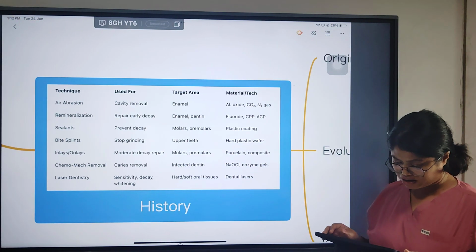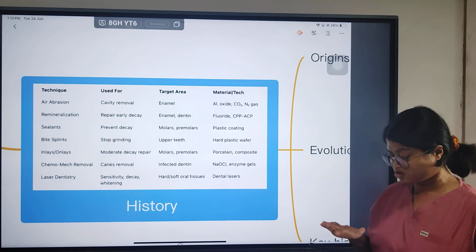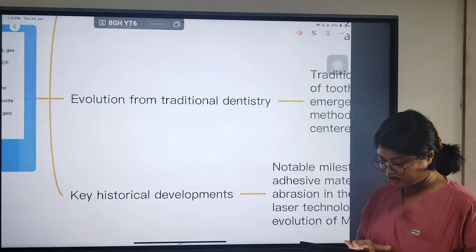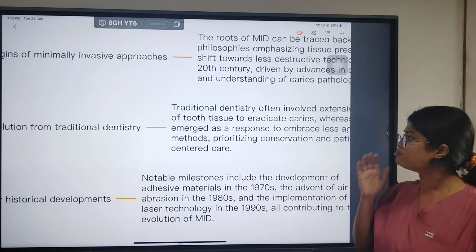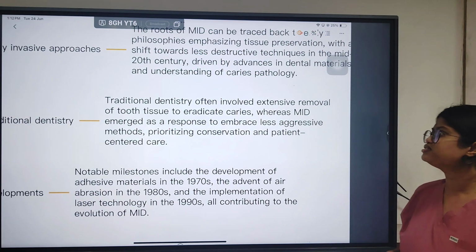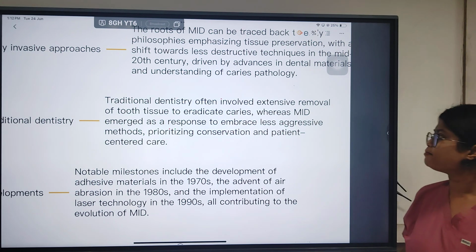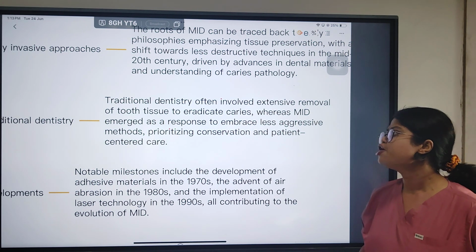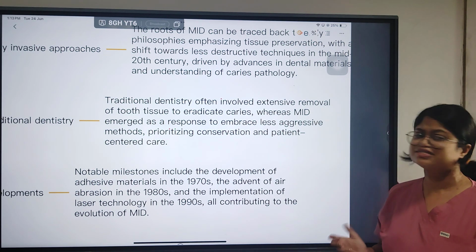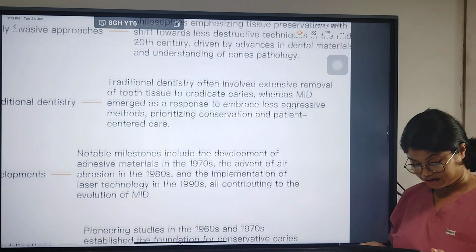These are the areas where we have seen progress over the years, and this is how it is different from traditional dentistry. Traditional dentistry involved extensive removal of the tooth structure to eradicate caries, whereas MID has emerged in response to embrace less aggressive methods, prioritizing conservation and patient-centered care.